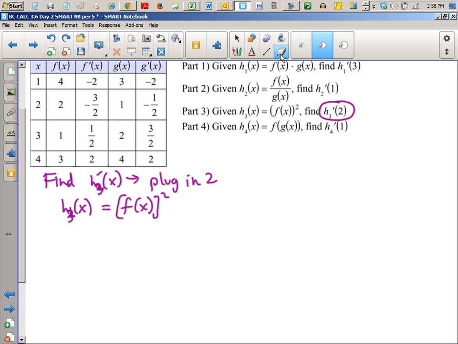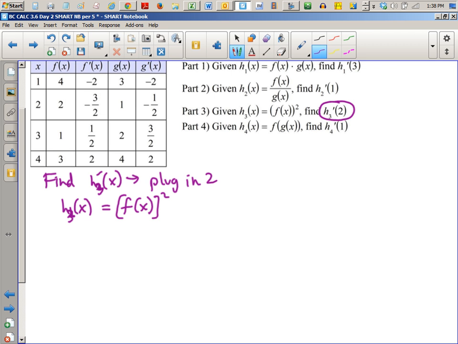So this would be treated with either the product rule, if you want to think of it as f of x times f of x, or the chain rule, if you want to think of it as a function plugged into the x squared function, you know. Okay, so I'm going to actually treat it with the chain rule. I'm going to bring that 2 down, take away a power, and then multiply by the derivative of the inside.